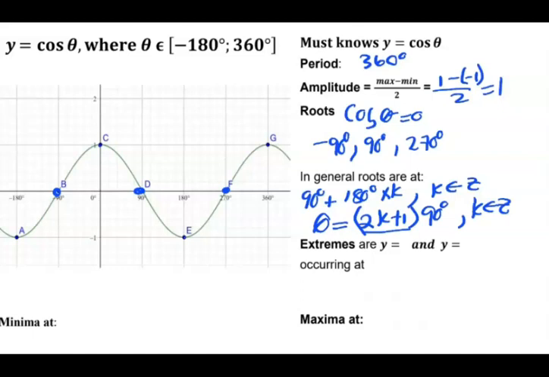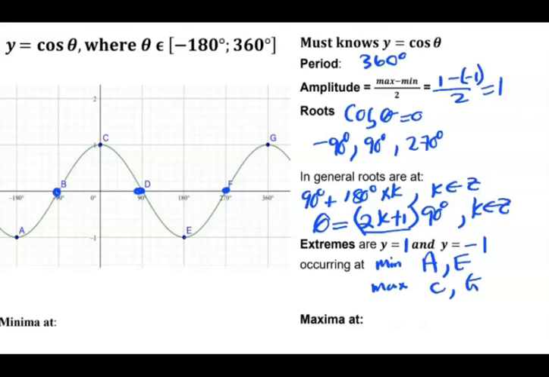The extremes are plus 1 and -1, and they occur at, in this case, the minima at A and at E, and the maxima at C and at G, and also if we extend the interval there will be many more.